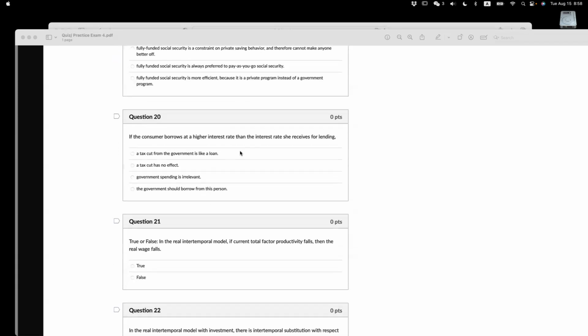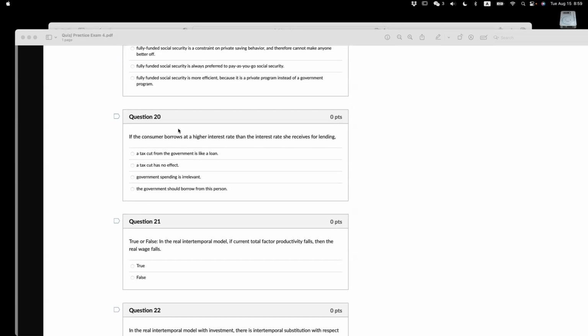Question 20. If a consumer borrows at a higher interest rate than the interest rate she receives for lending. Okay. So the answer is A, a tax cut from the government is like a loan. Essentially, this is equivalent to saying the government lends to households at a lower rate.